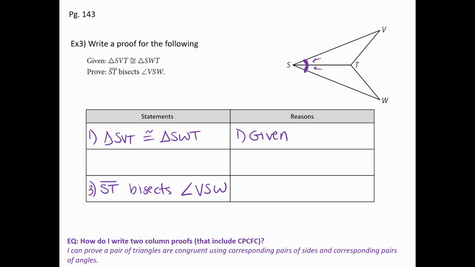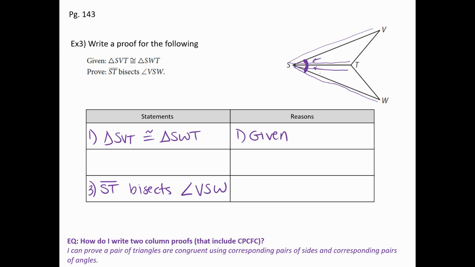And remember, that comes from our idea about bisectors. Bisector or bisect means cuts it into two equal parts. So if there was a way for me to say those two smaller angles were congruent, that would be really convenient. If I look at the two smaller angles, I would have VST, and I would have, matching it up, WST.